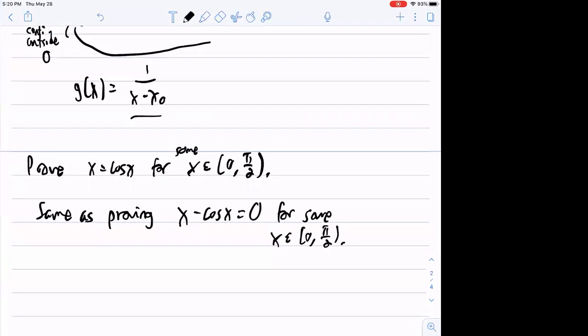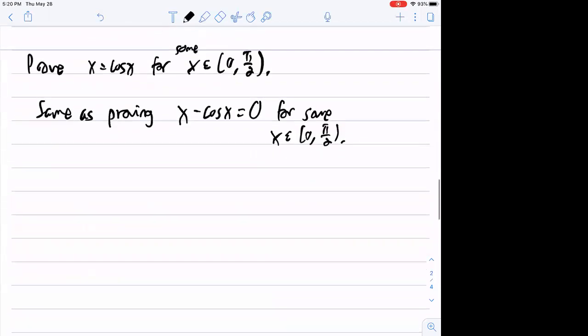So how about this? We use IVT. So x minus cosine of x is continuous, right? And what does IVT say? If I have f of a, f of b, I get every point in between, right?